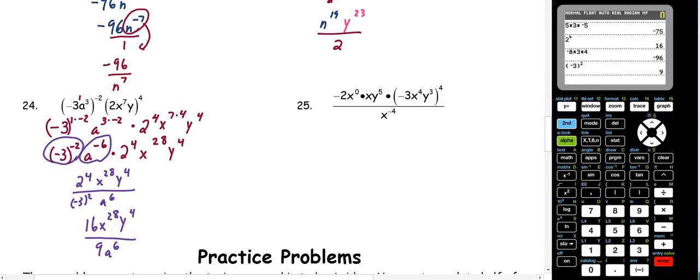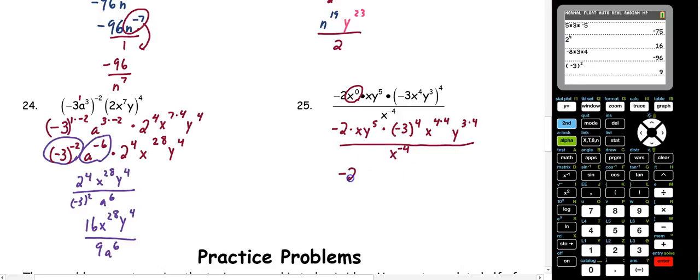a to the 6th. Our last problem, let's first look and see, do we have any x's or exponents of 0? So we have x to the 0, and we're going to multiply everything in our parentheses by an exponent of 4. So we now have -2 times x, y to the 5th, times -3 to the 4th, x to the 4 times 4, y to the 3 times 4, all over x to the -4th.